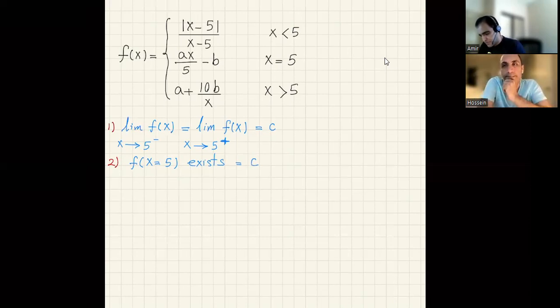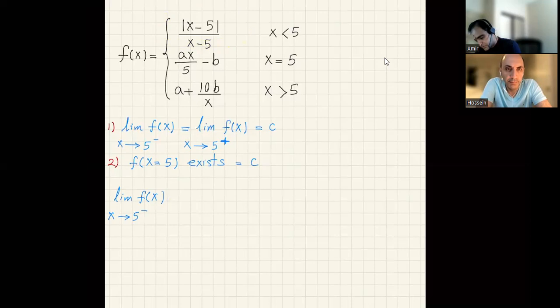Okay, so let's start with the first condition, the theorem for the limit. Limit of f of x when x approaches 5 from the left side. Since it is approaching from the left side and this is a piecewise function, we consider the first statement. Oops, let me change the pen.